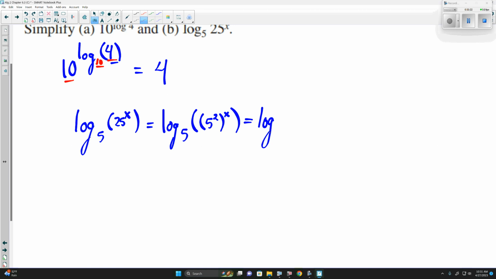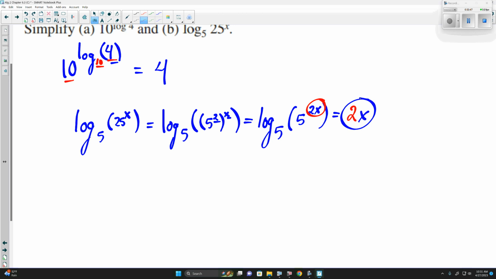Well, log base 5. Powers of powers multiply. So like I said, we have log base 5 of 5 to the 2x. Well, now the base and what's inside the logarithm are the same, so it's going to reduce to our exponent, which is 2x.